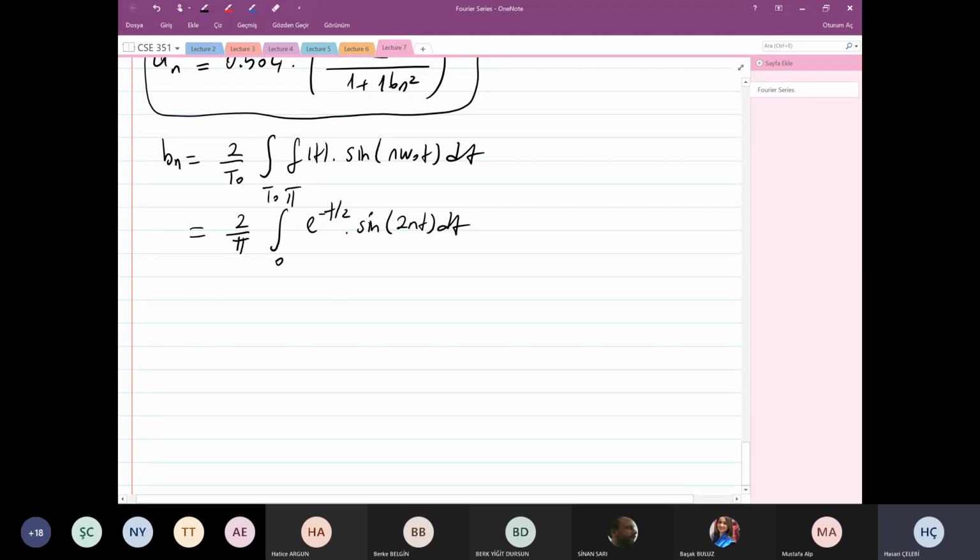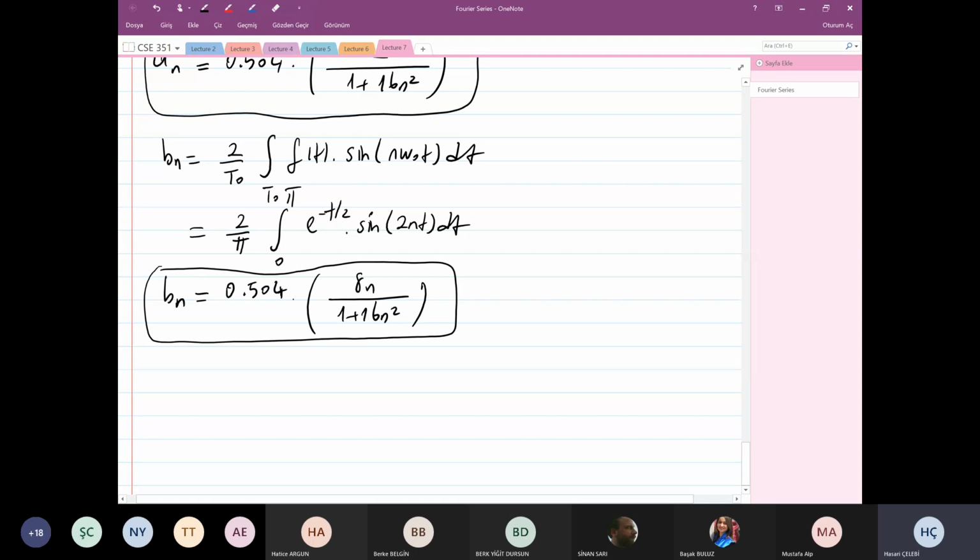Okay, so if you solve this integration, the result is going to be 0.504 times 8n over 1 plus 16n squared. This is my bn.